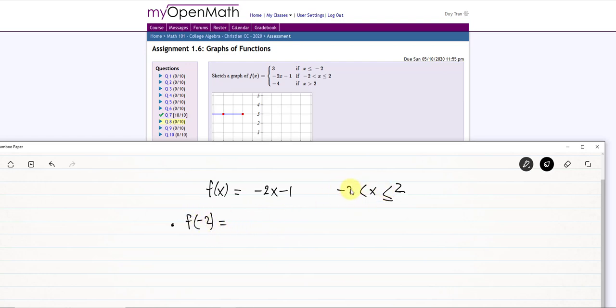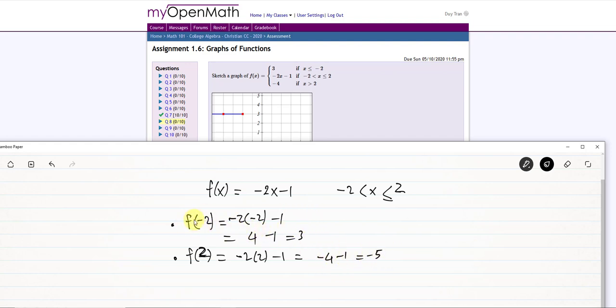So when my x is equal to minus 2, I plug in the value of minus 2 in place of x, and then I get what? This is 4 minus 1, which is 3. And then when my x value is 2, I go ahead and plug in 2 in place of x, and I get minus 4 minus 1, which is minus 5.